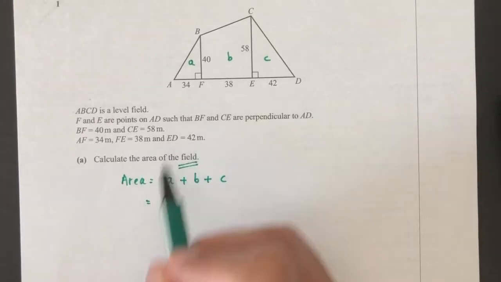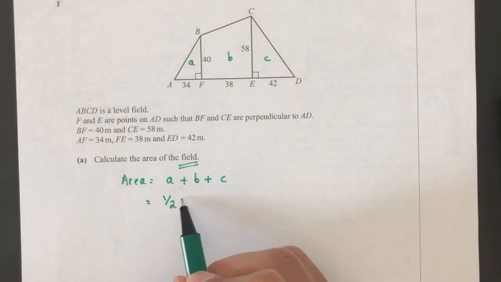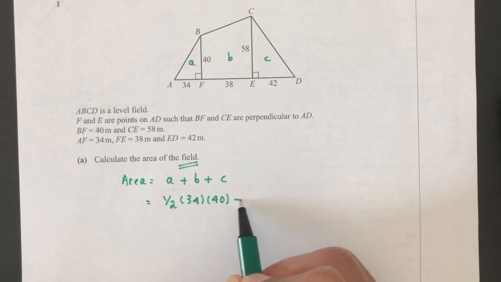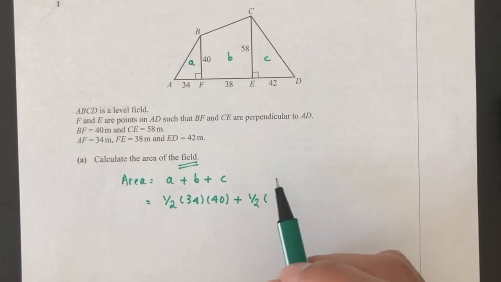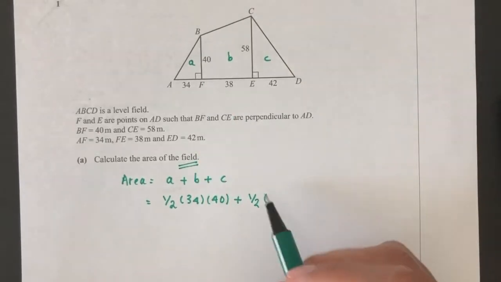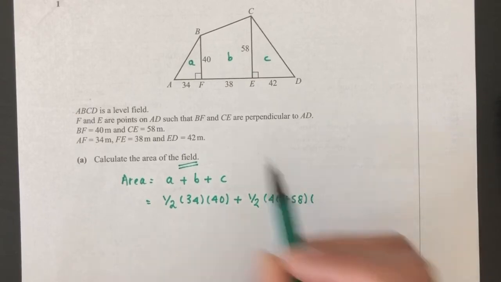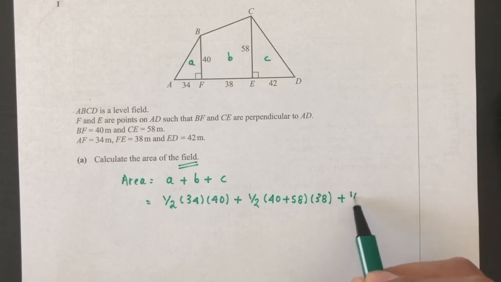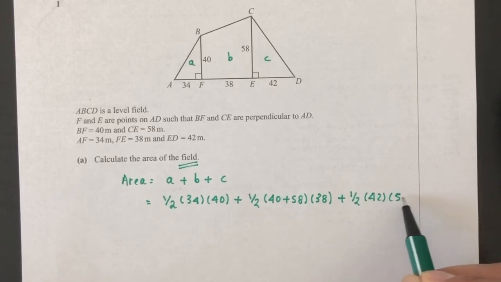So A will be the area of a right angle triangle, that will be half times base times height, plus B, area of trapezium, half times sum of parallel sides, it will be 40 plus 58, times the height, which is 38, and then plus the area of the last triangle, half times base times height.